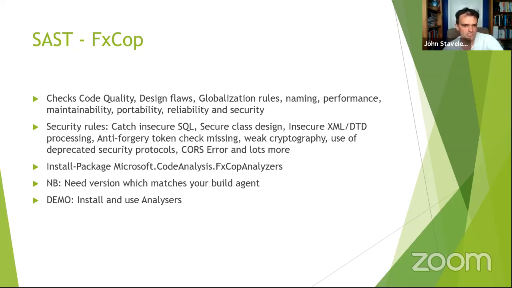Look for anti-forgery checks missing, weak cryptography, etc. So the first thing you do is install the code analysis fxcop analyzers package. I would say at this point that you need a version of Visual Studio that matches the build agent you've got in Azure Devops. Otherwise, you get a load of build errors or warnings, and the fxcop doesn't run.